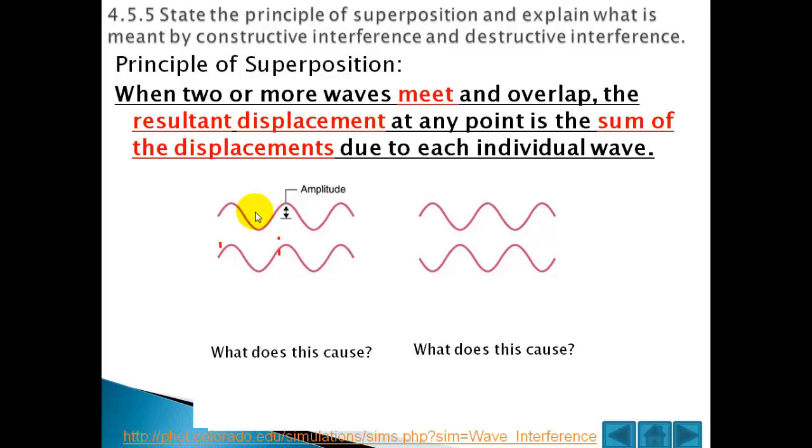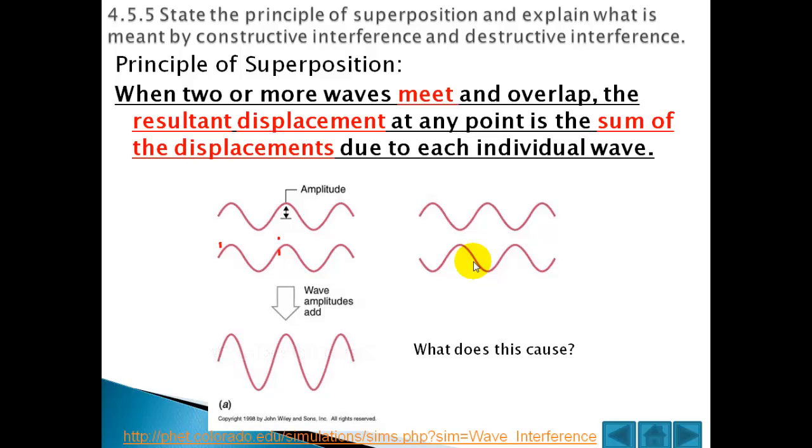Here we have a wave where the crests are in line and the troughs are in line. What is this called? Here we have the crest and the trough in line, and this trough and this crest in line. What is that called? Well, when these two add up, it produces a double crest and then a double trough and a double crest and a double trough.